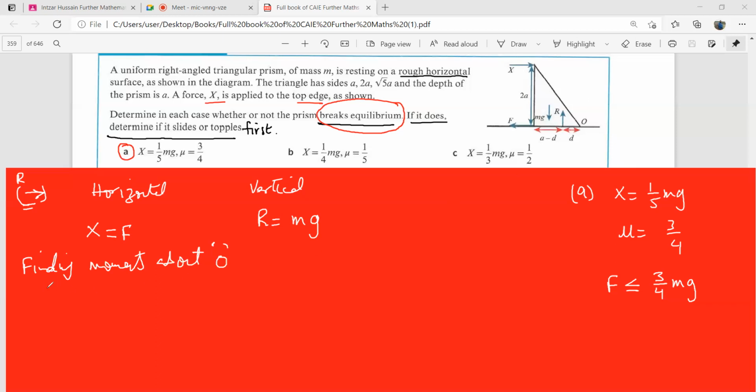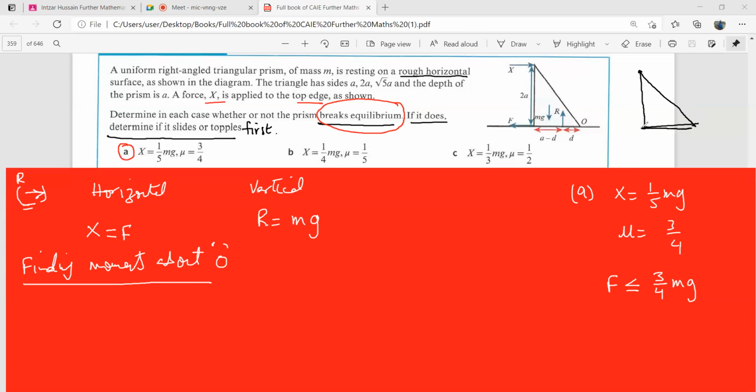Now, when you have to find the moments about O, you should be clear about the center of mass of this triangular cross section over here. Let me do that separately here. We have this triangular cross section.